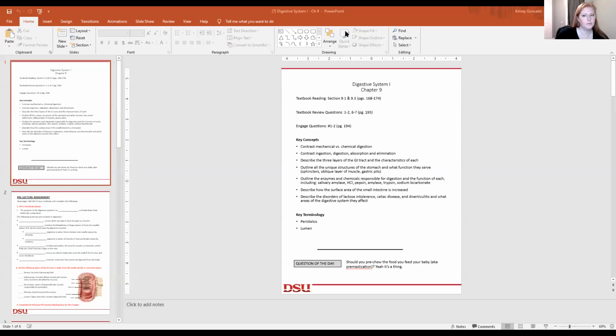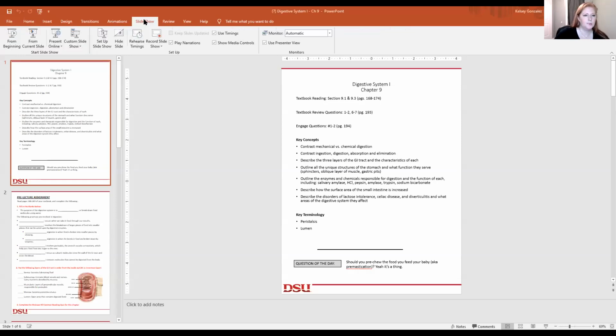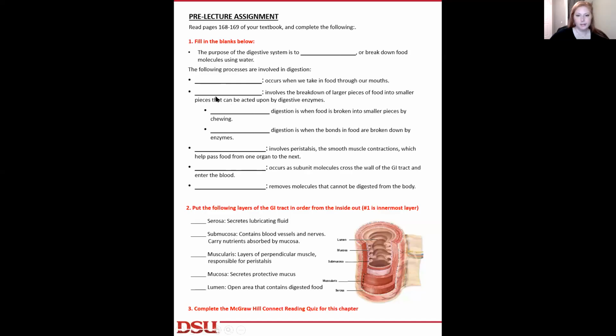But before we get there, we are going to finish off the rest of this module. So this is Digestive System 1. Okay, all right, so let's go ahead and fill this out.